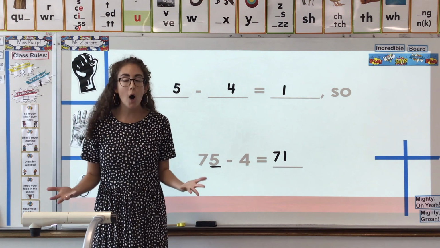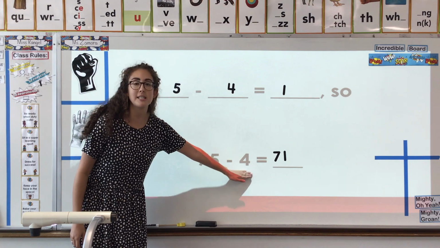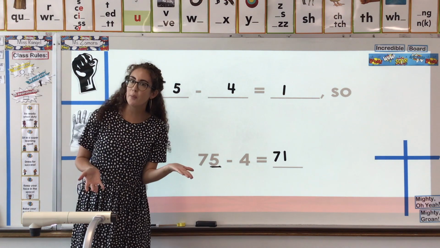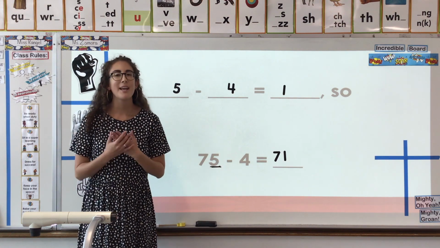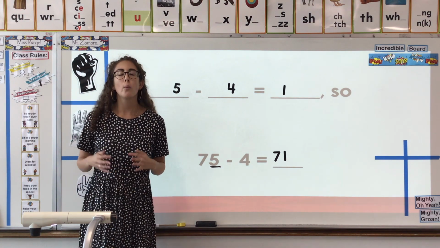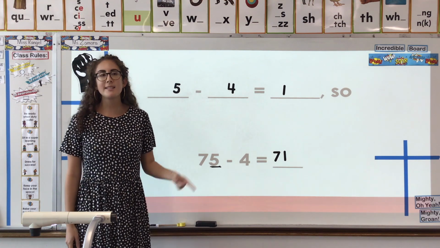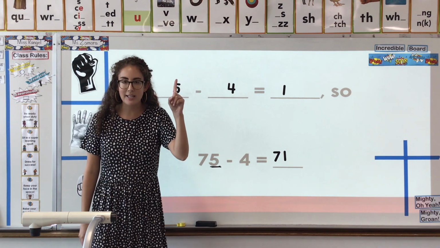And we did this all in our heads just by paying attention to, are we subtracting from the tens or the ones? So this is a strategy we can store up in our toolbox when we come to an equation that we don't know. We can say, oh, I know what I can do.